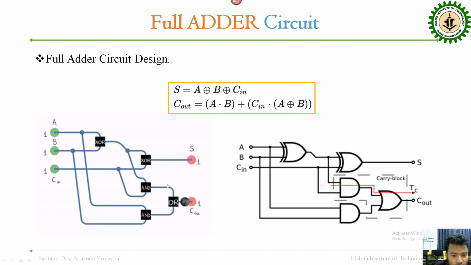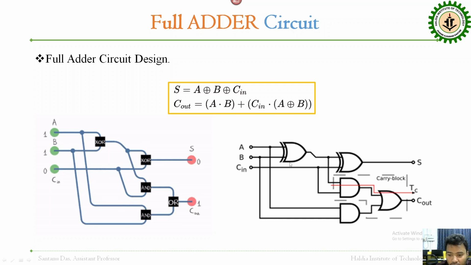Okay, this is for your general representation of how it executes. So this is our actual full adder circuit. Here you can see that in our half adder there is a single XOR gate and a single AND gate. But in our full adder there are two XOR gates and two AND gates and an extra OR gate.